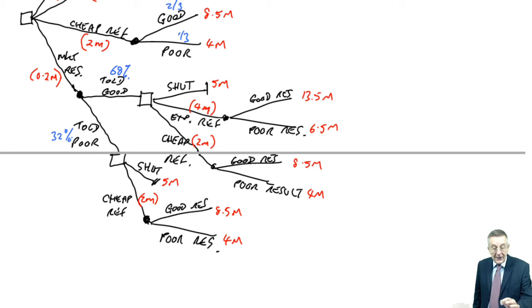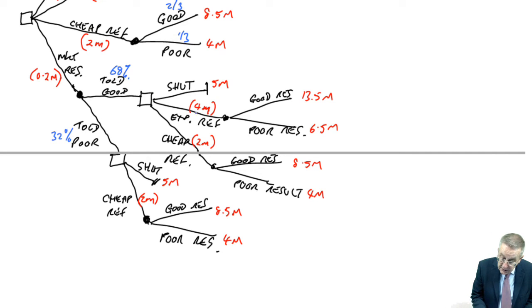Suppose they tell us it's good. They tell us it's good, but here it says it cannot be guaranteed to be accurate. So if we do carry on and decide to refurbish, the actual result may be that they were correct and it is good, or they may be wrong and it turns out poor. It says if the research indicates a good result, then the probability of the actual result being good is 91%.